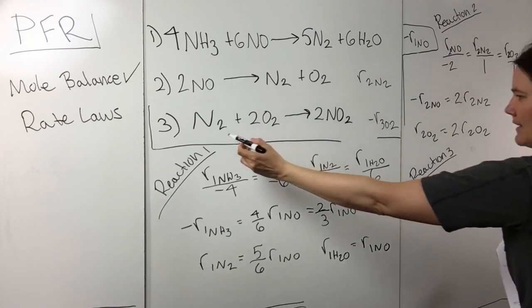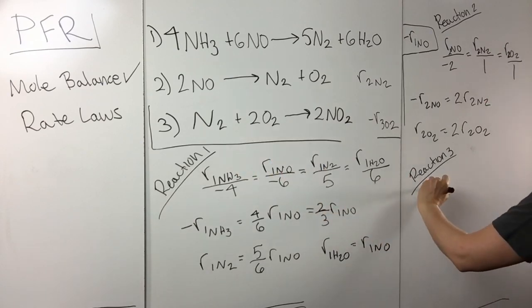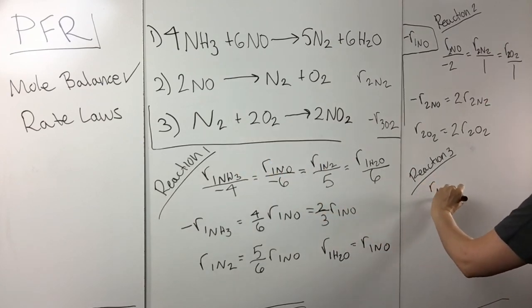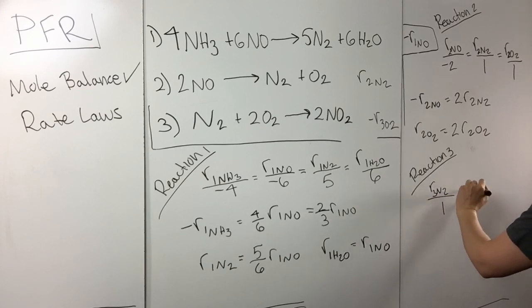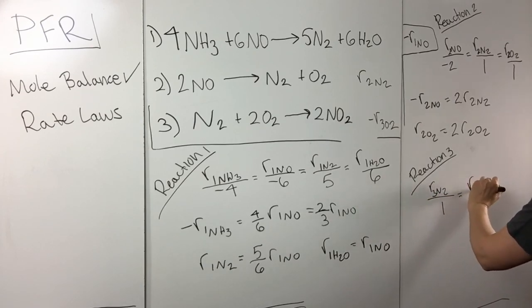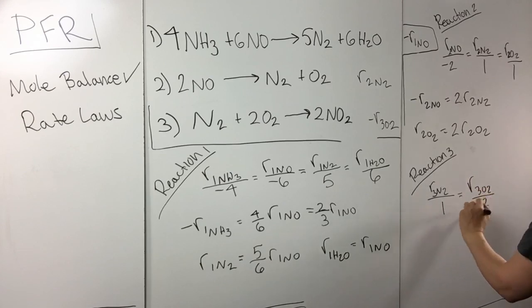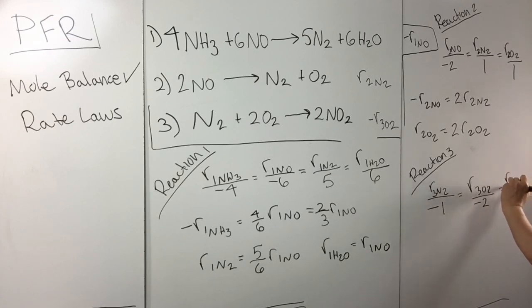So, for this one, you have R3_N2 over 1 is equal to R3_O2, oh, and these are minus 1 and minus 2, is equal to R3_NO2 over 2.